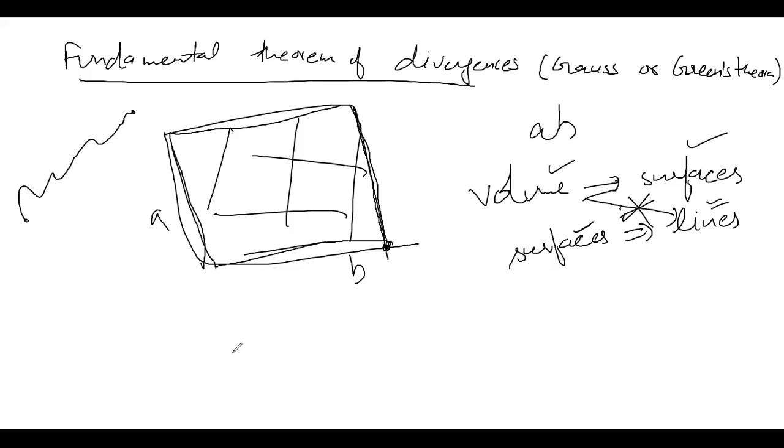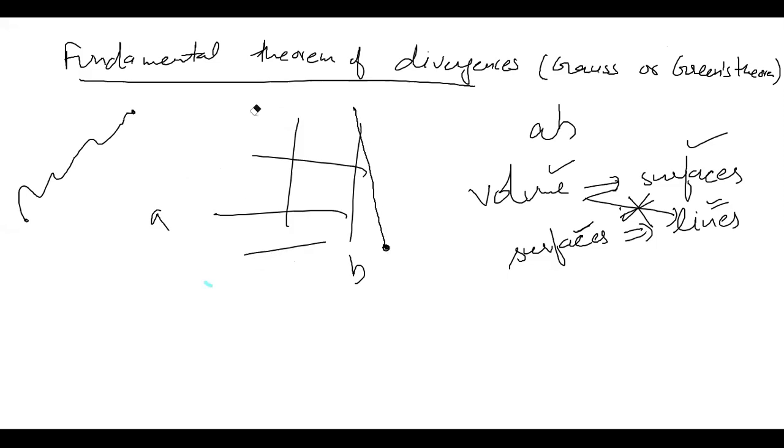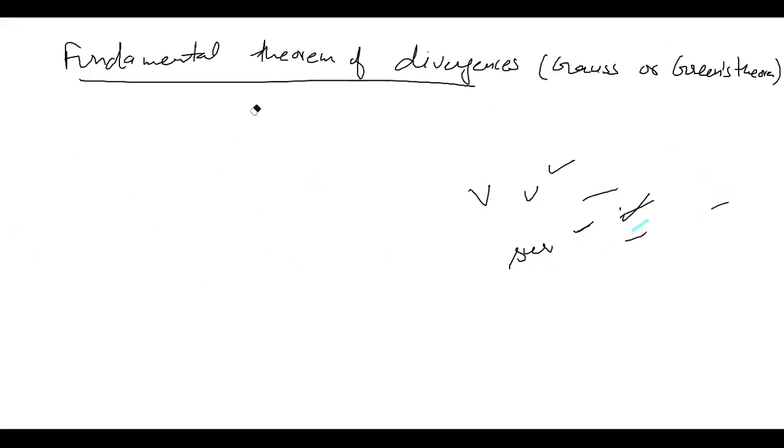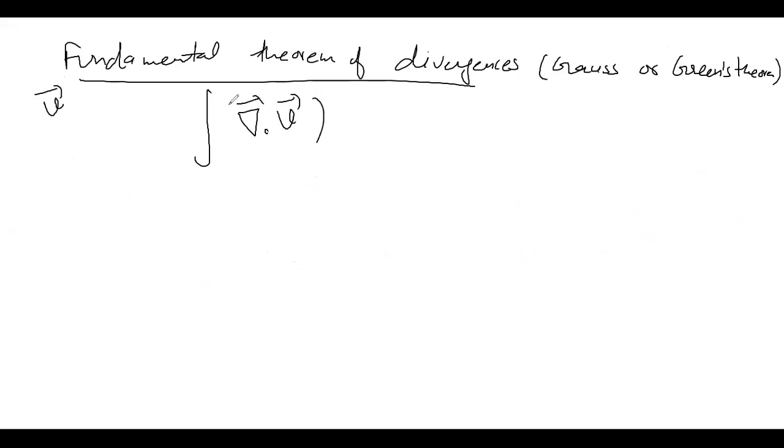The first theorem basically says that if you have any vector quantity V, if you take the divergence of this vector and integrate it over the volume, d tau represents a small volume element.